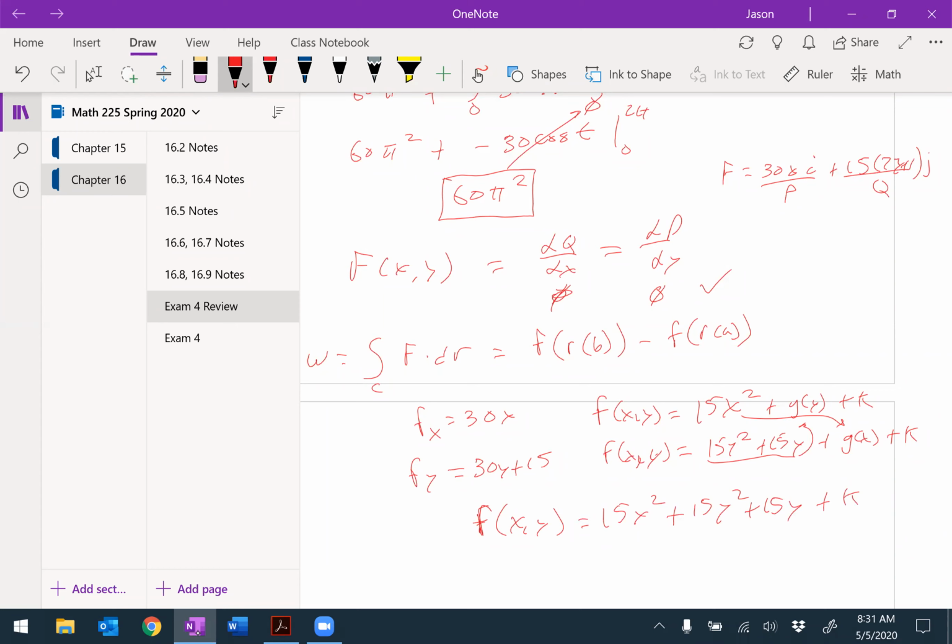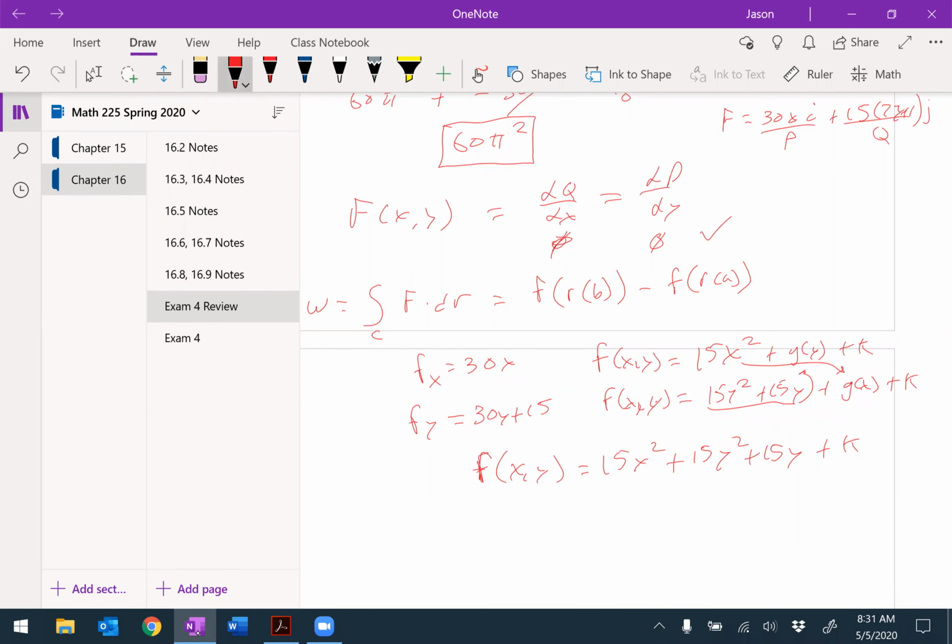Okay, and then what are we doing here when we have b and a? Well, those are my parameters for t, right? So what is a and what's b? Well, t, we said, went from 0 to 2 pi. So the integral would be 0 to 2 pi, so a would be 0 and b would be 2 pi.